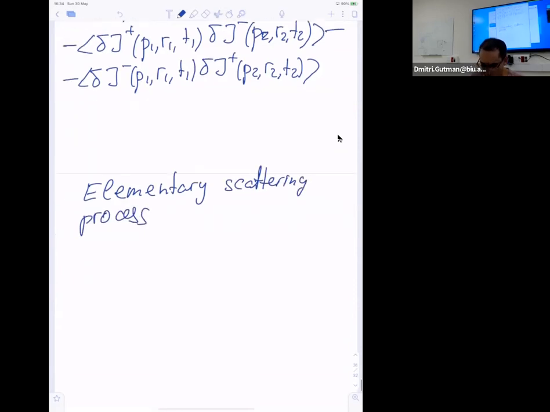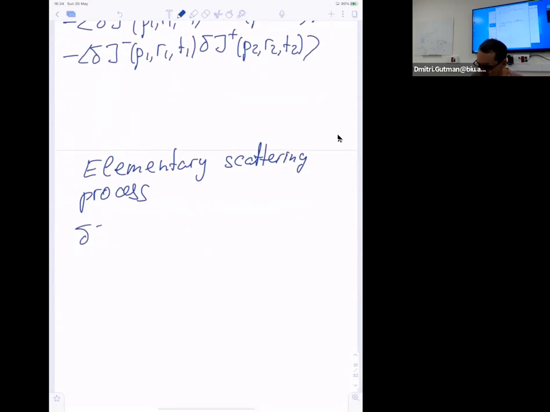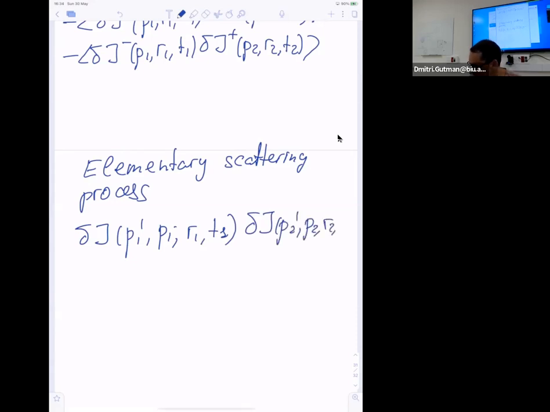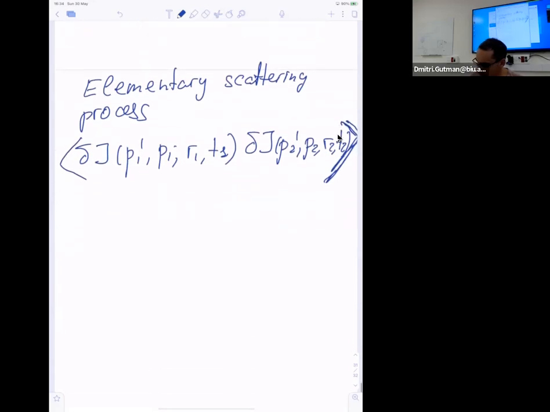Consider a microscopic correlation function of delta J between states, say P1 prime P1 at point R1 and T1, and delta J P2 prime P2, R2, T2. So this is the correlation function of the random fluxes.